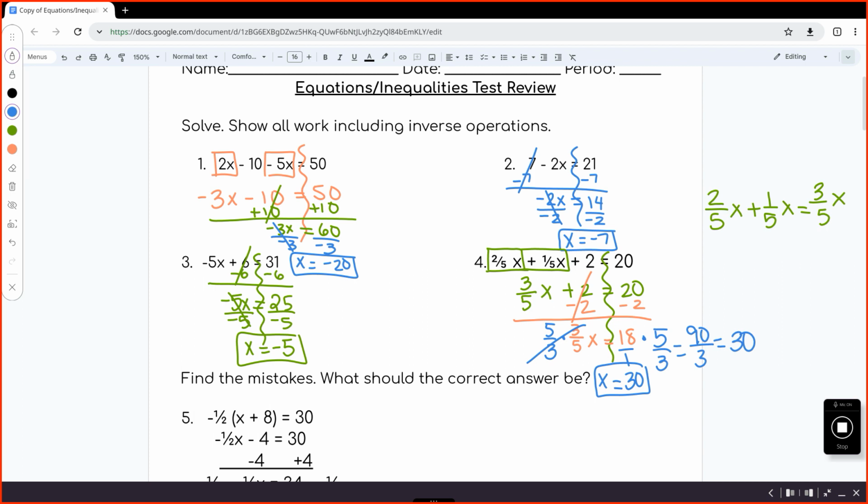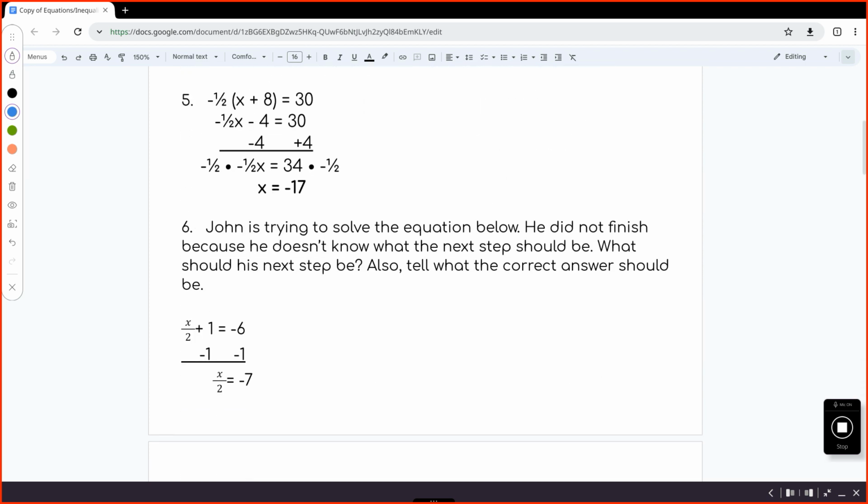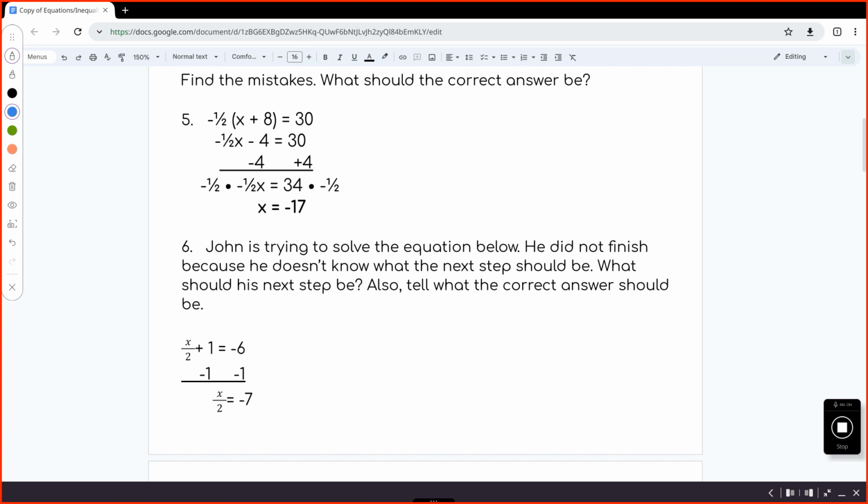All right, moving on. Number 5, it says find the mistake. What should the correct answer be? So really here there are a few mistakes, right? So when you solve this, you need to first distribute negative 1/2 times x, you get negative 1/2 x.